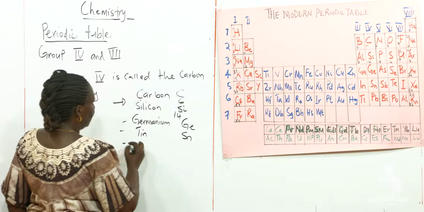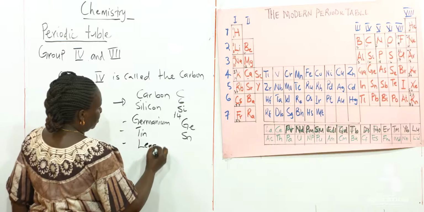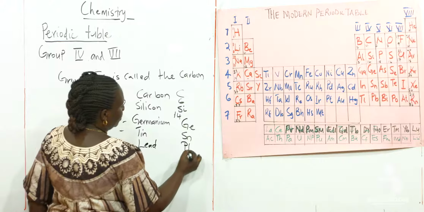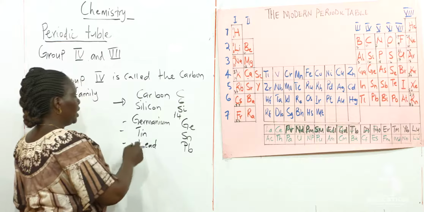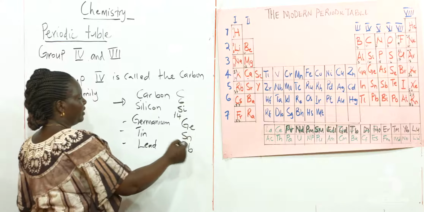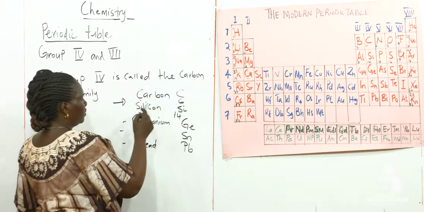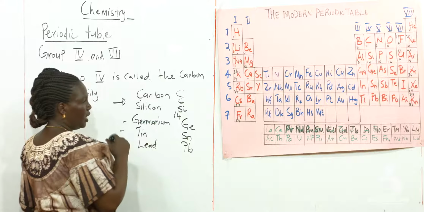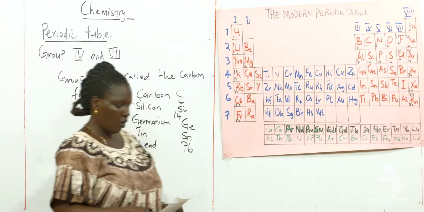Then we have lead, Pb. So the symbols for tin and lead are taken from their Latin names. So we have carbon, silicon, germanium, tin, and then lead. These are members of group 4.